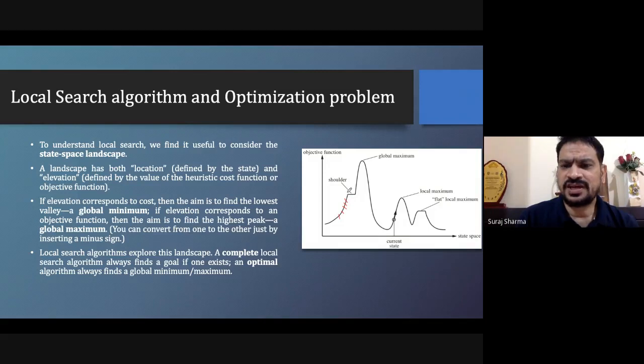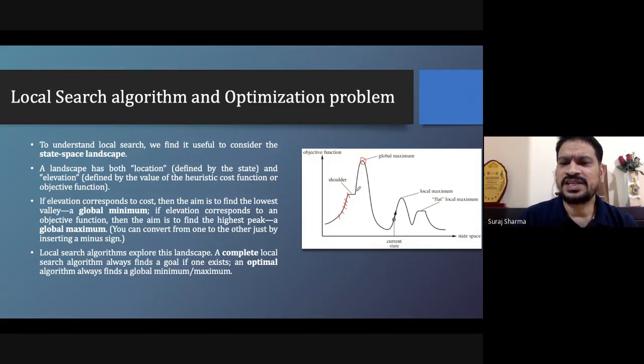We reach here, and after that we find some flat value. So we are not going towards the optimal solution. Either we stop here or we can go further to get our global maxima. The global maxima is actually your optimal solution.